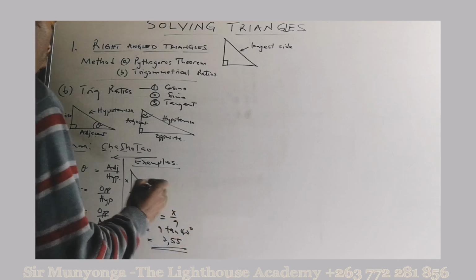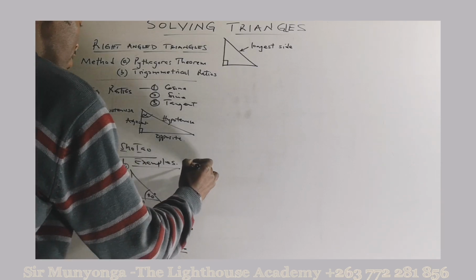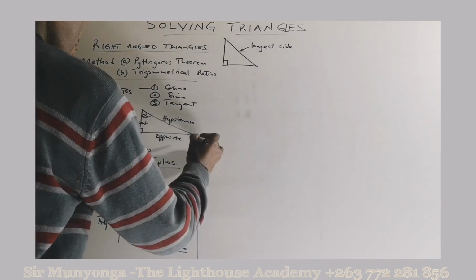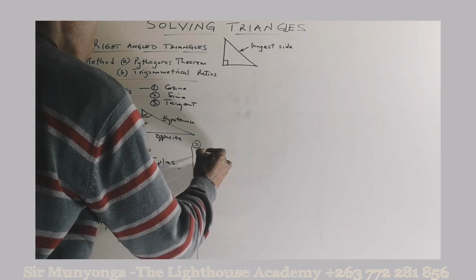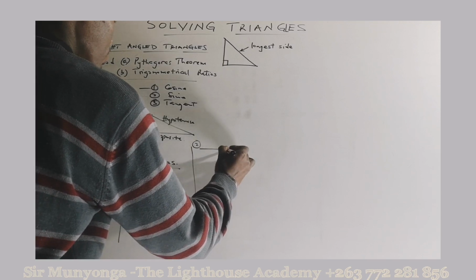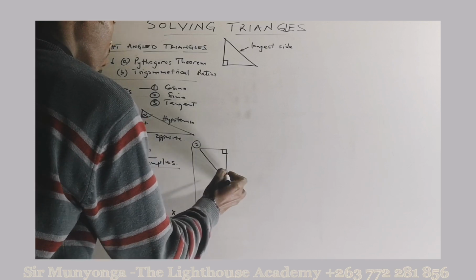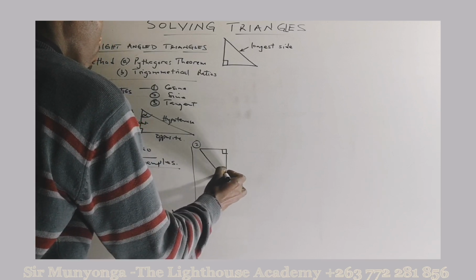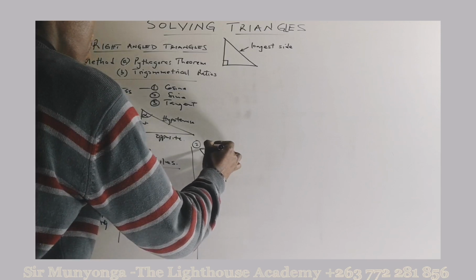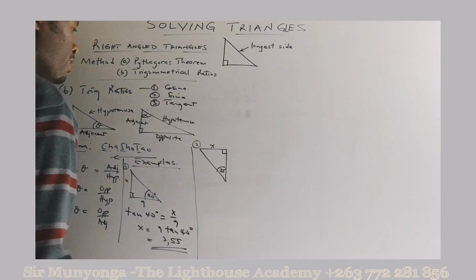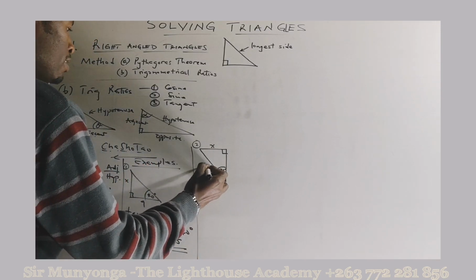Let's have another example. That was example 1. Example 2: again a right angle triangle, with 35 degrees, and the side given is 10.